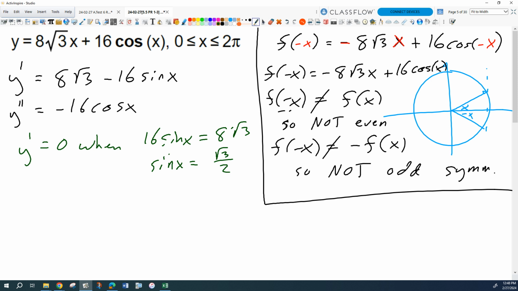Okay, well, where in our domain from 0 to 2 pi is sine equal to the square root of 3 over 2? Isn't that happening there and there? Right? That's the big coordinate. Square root of 3 over 2 is the big unit circle coordinate.